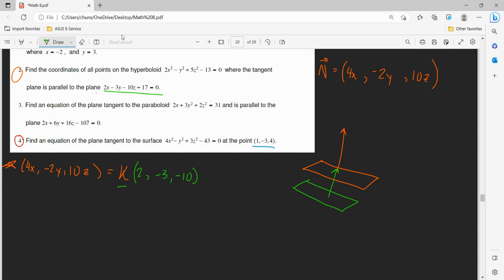So that's why we have the scalar multiple k in there. So now we can make this equal for each x, y, and z term. So if we distribute that k in, this gives 4x equals 2k. This gives negative 2y is equal to negative 3k. And this is 10z is equal to negative 10k.